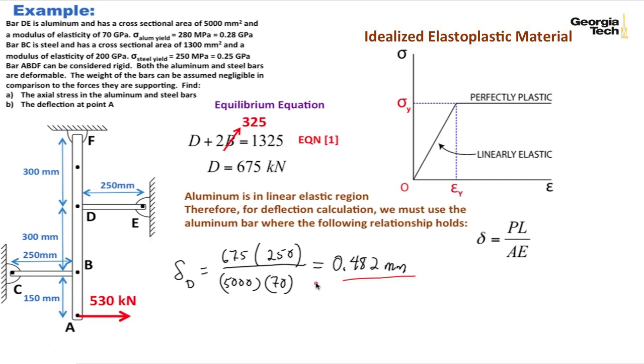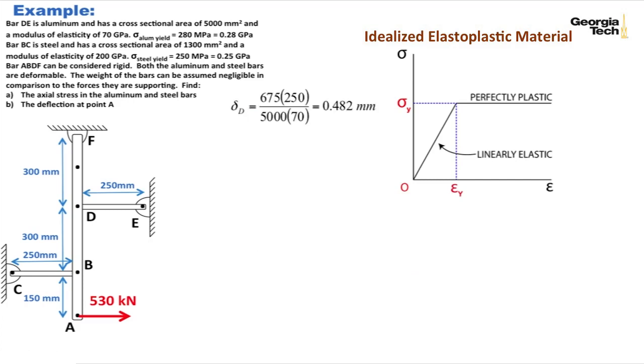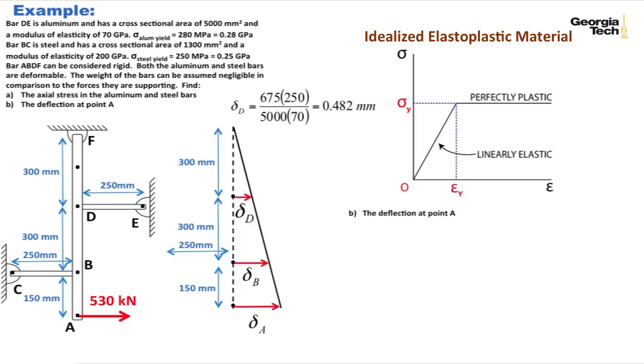That's the deflection of the aluminum bar. And so knowing that, we can now look at the deflection at point A. We know what the deflection of D is. We just found it. Because the aluminum was still in the linear elastic region, I want to find the deflection of A. How would I do that? Go ahead and try to do that on your own. And all we do again is use similar triangles. So I've got the deflection at D over 300 is equal to the deflection of A over 750.